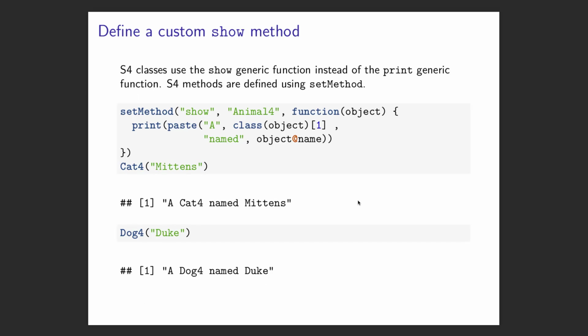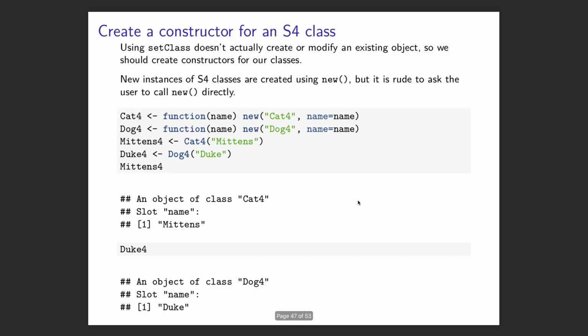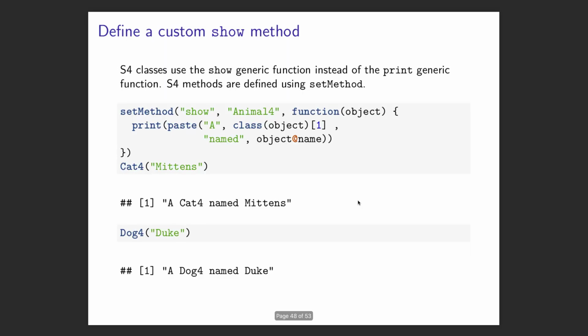Alright, so now we want to print something a little bit more elegant than this default print method when we just type one of these objects and hit enter. So for S4 objects, we actually define a show method rather than a print method. And the way we define S4 methods is through a call to the setMethod function.